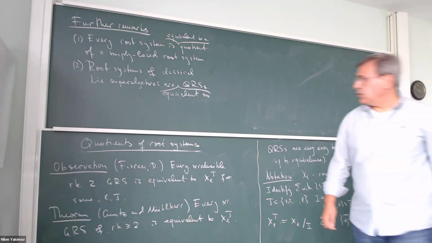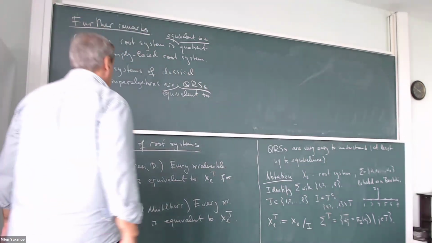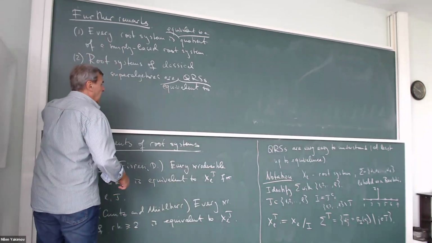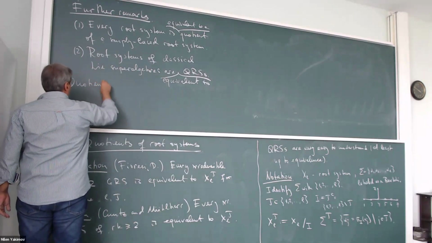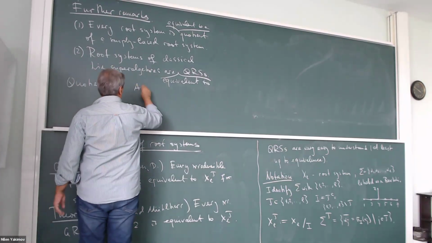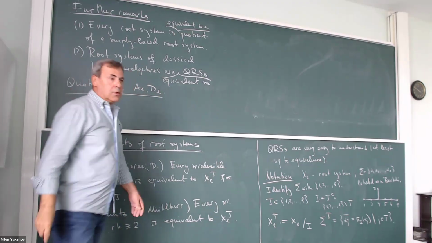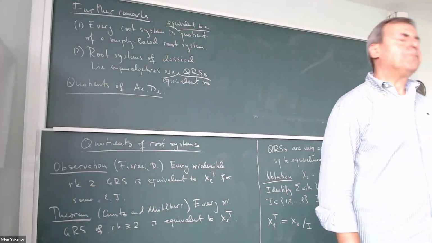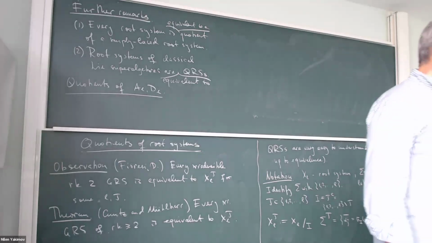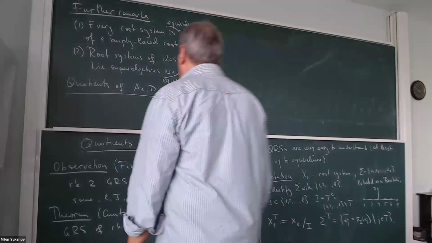Now, I want to mention the explicit list, and this is a nice and important statement. Quotients of A_L and B_L. Because I already said that every root system is a quotient of a simply laced one, I'm only considering the simply laced.